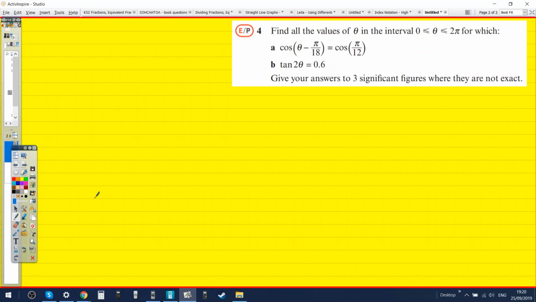Okay, so you would start by using the compound formula for cos something minus something. That's long, man. Is there a quick way of doing it? Maybe. What's a quick way of doing it?